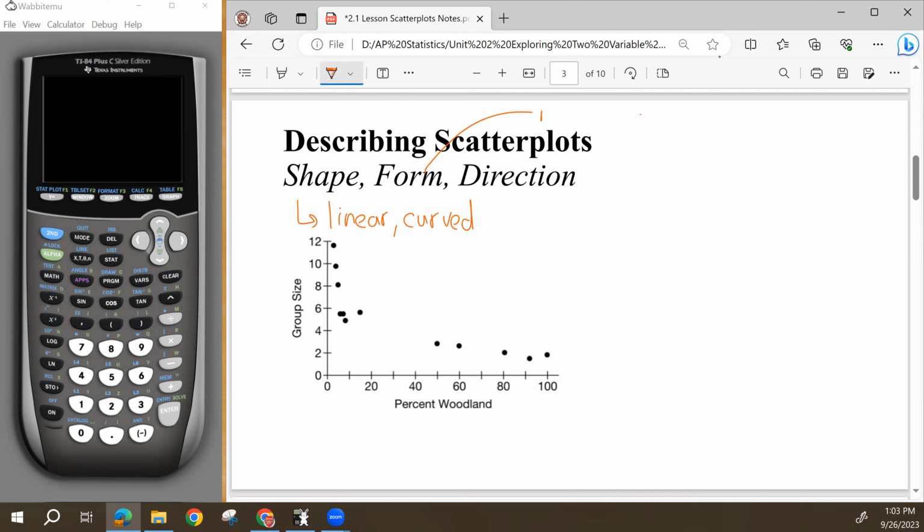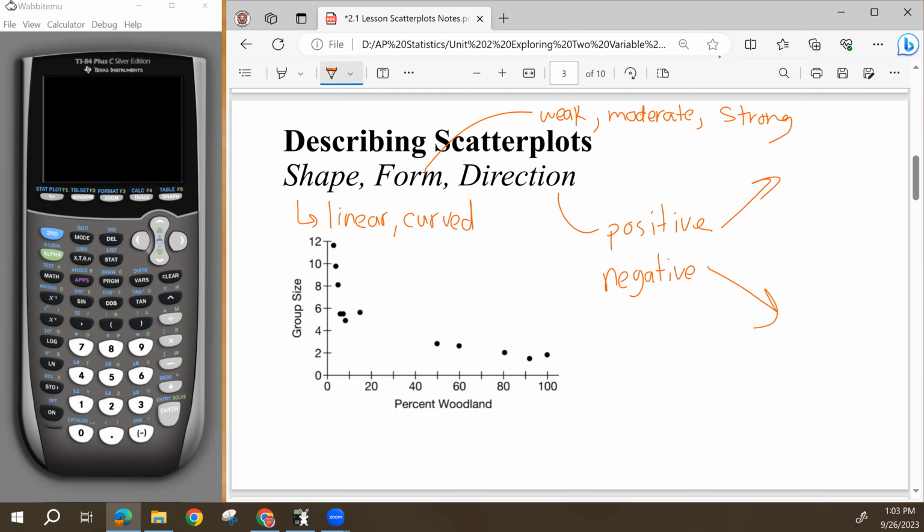So sometimes we'll say weak, moderate, or strong. And then our direction is it positive, which goes up to the right, or negative, which goes down to the right.